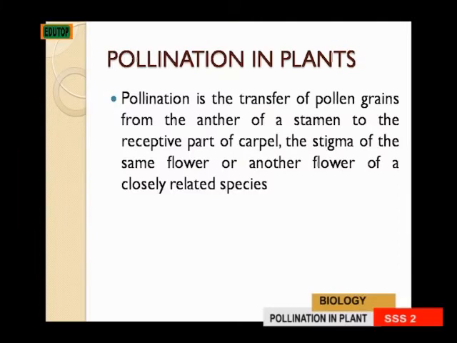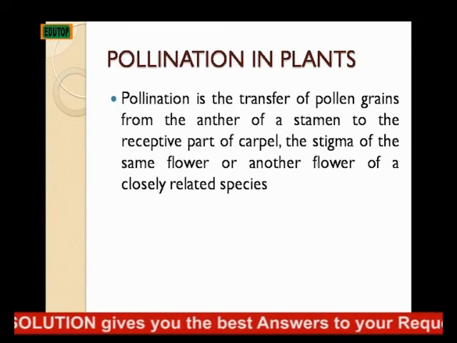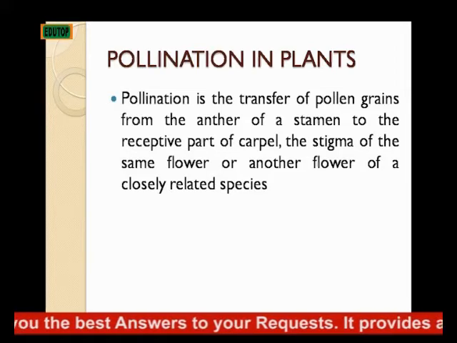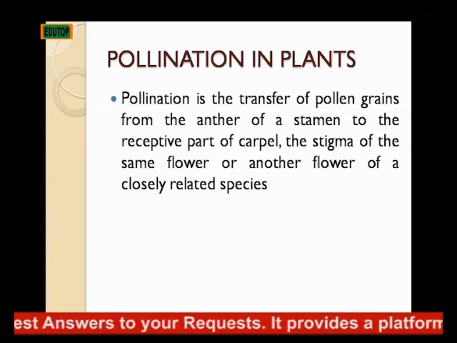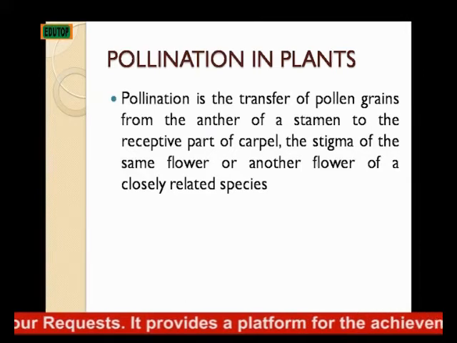Then we move on to talk about pollination in plants. Pollination is the transfer of pollen grains from the anther of a stamen to the receptive part of the carpel, the stigma. That is the transfer. Pollination is the transfer of pollen to the stigma of the same flower or another flower of a closely related species.